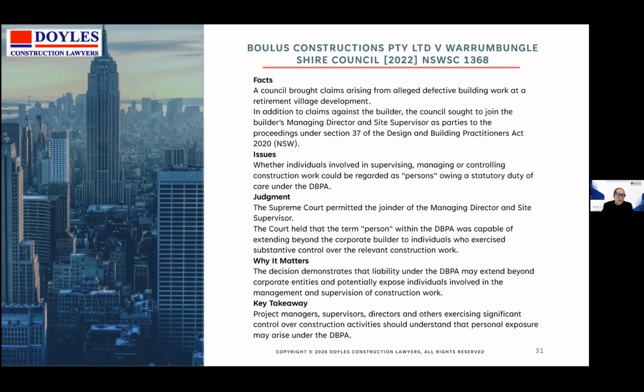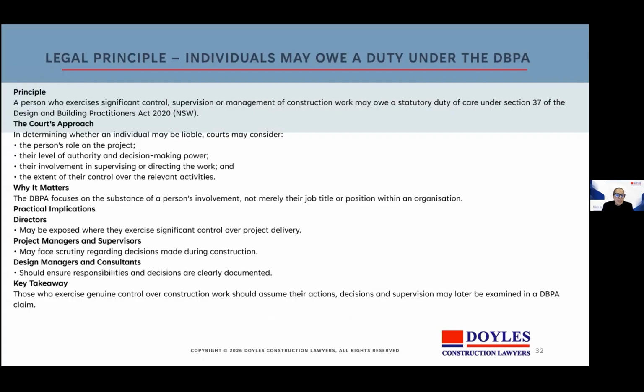And this has significant implications for directors, project managers, site supervisors, and senior personnel involved in construction decision making. So, in substance, if you exercise real control or supervision, you can owe a duty personally.